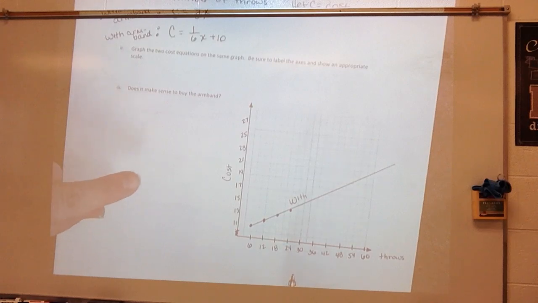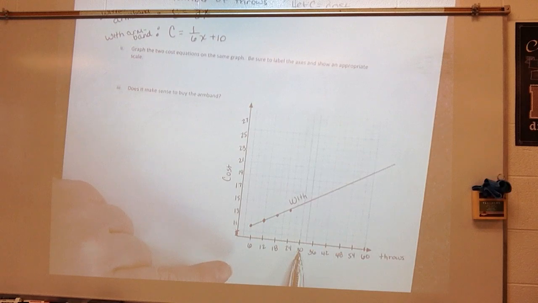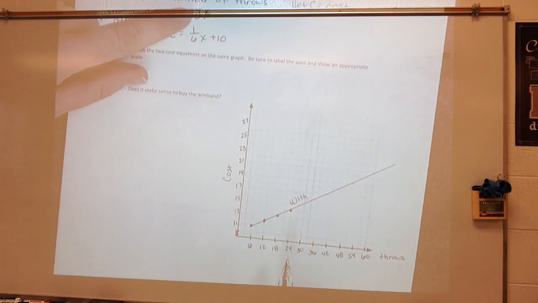Without the armband, I'm going to come over here and say, okay, so without the armband, I know that it is 3 throws for $1.